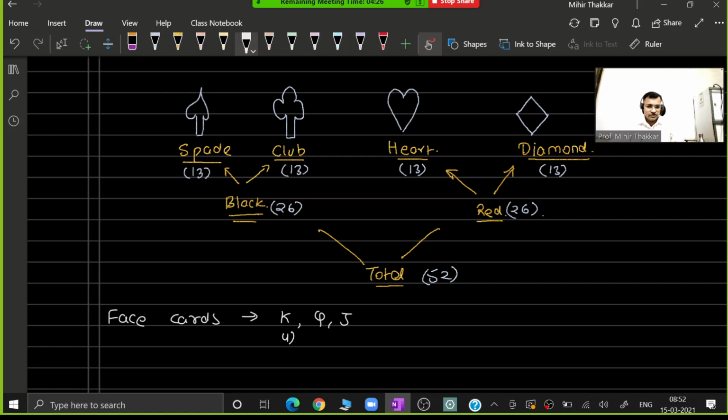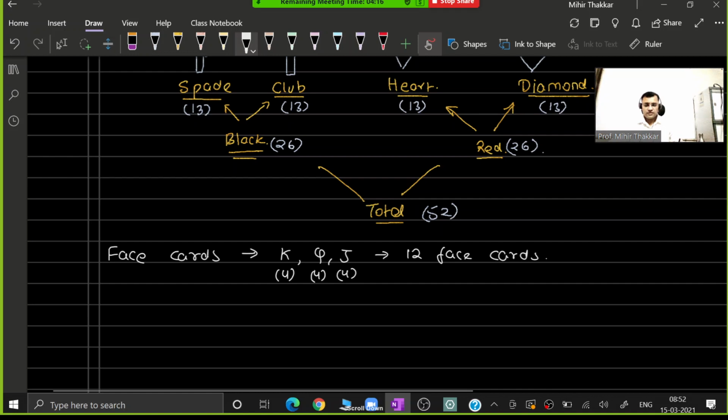So there are four kings, there are four queens in the same way and four jacks. Therefore in all there are 12 face cards. When you talk about aces, it's just one in each suit. So there are four ace cards.